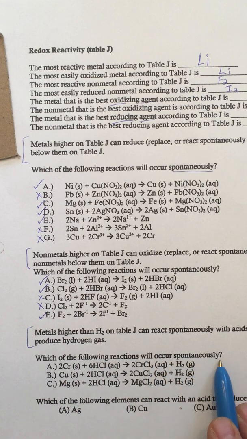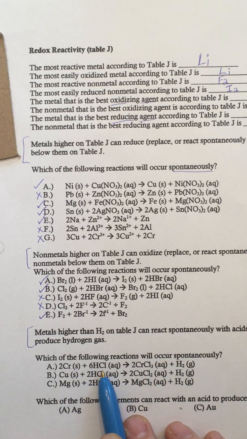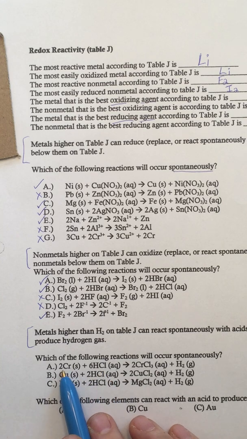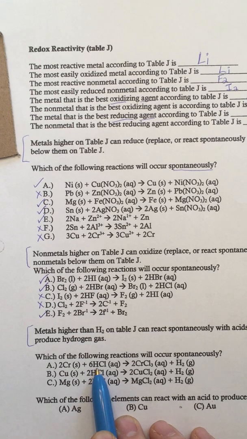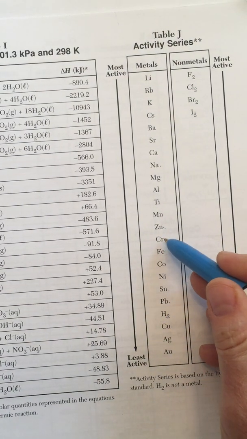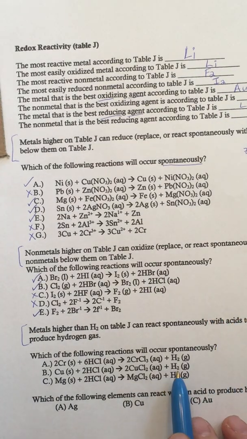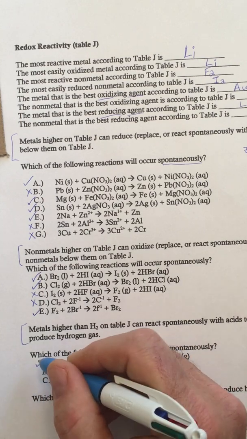So which of the following reactions will occur spontaneously? We've got chromium and HCl. So chromium, is it above hydrogen here? So it is. We've got chromium, which is here. Hydrogen gas is here. So since it's above it, it will react and then kick out the hydrogen gas. So remember, this is the end product here. So this is a check.